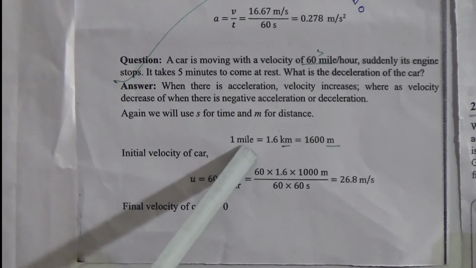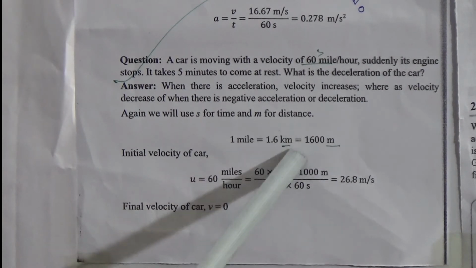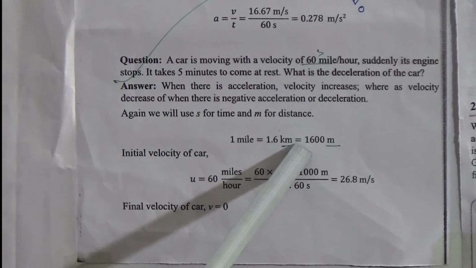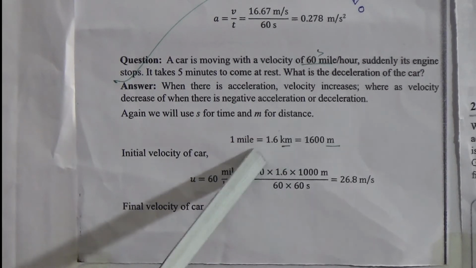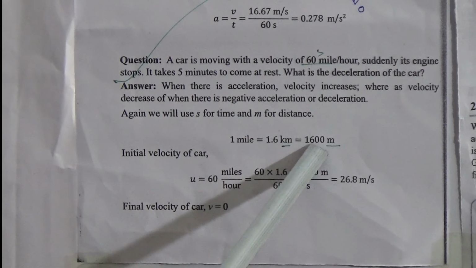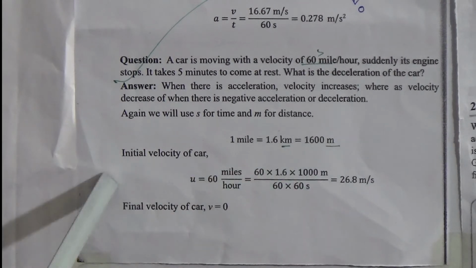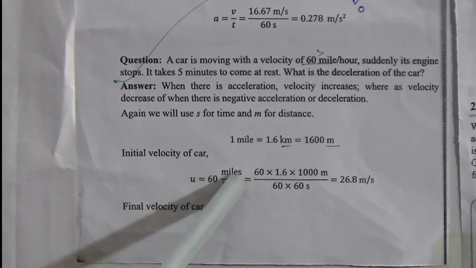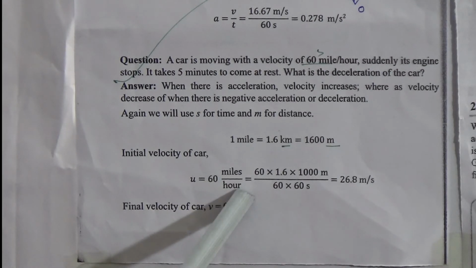This is a known value. Now we convert kilometer to meter, that means we multiply 1000, then we get 1600 meter.